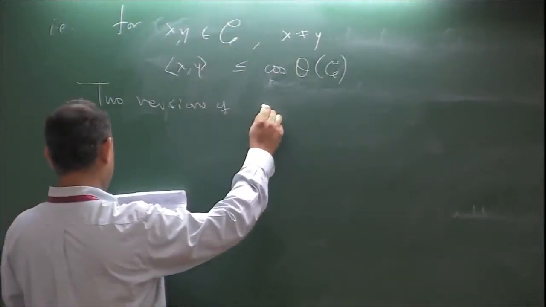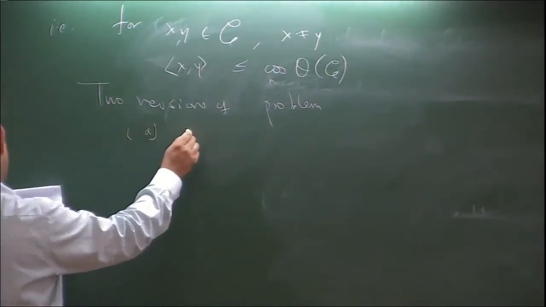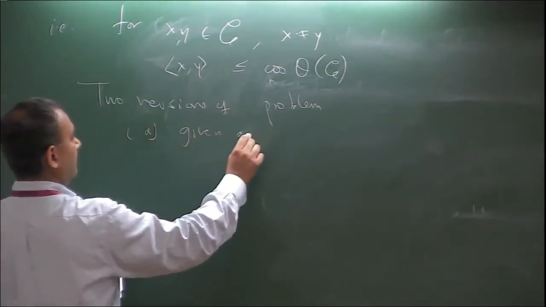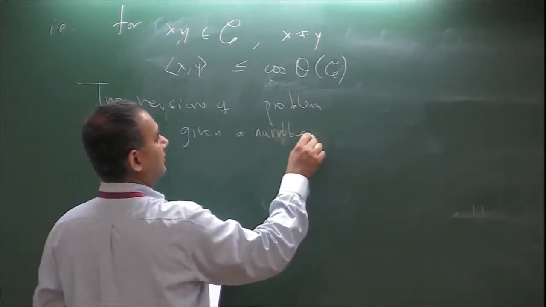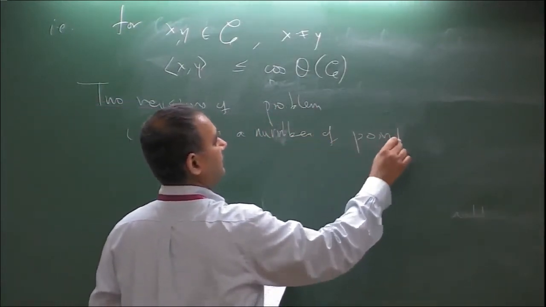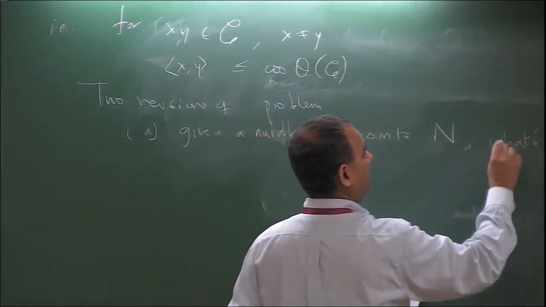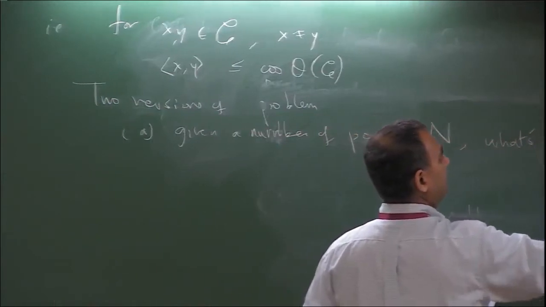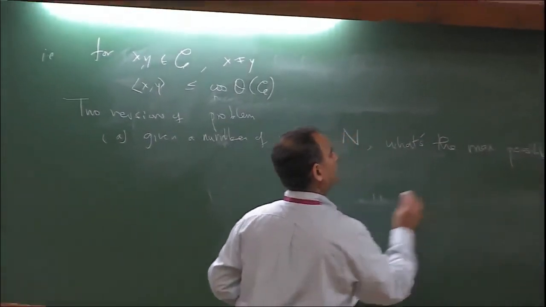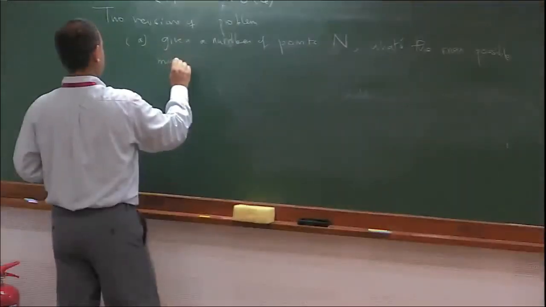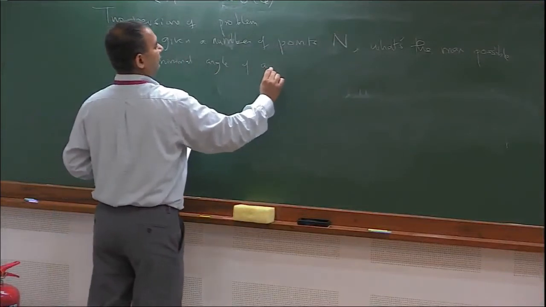So two versions of the problem. Version A: given a number of points, let's say n, what's the maximum possible minimal angle of an n-point code?